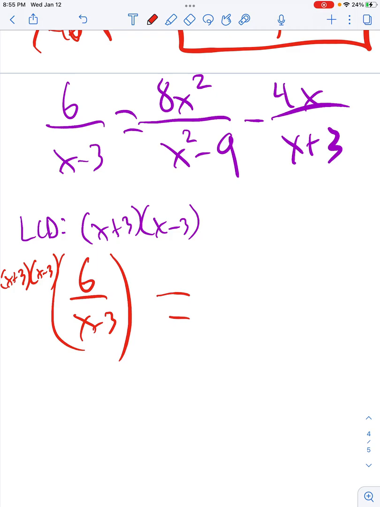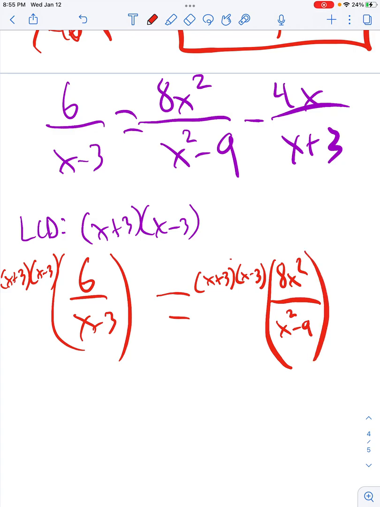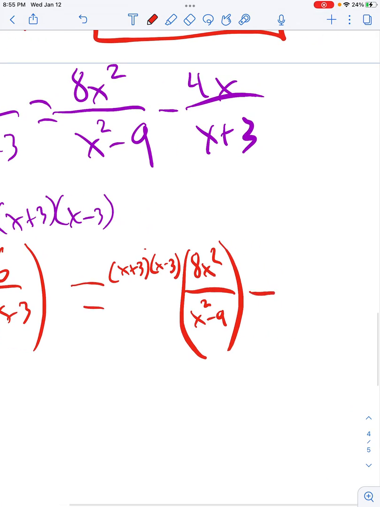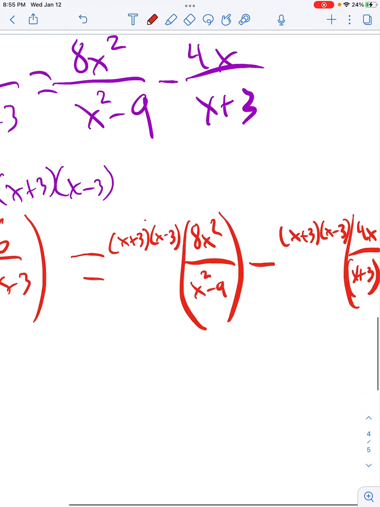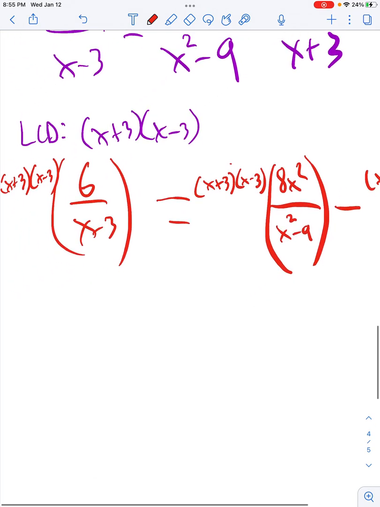And that's going to equal, and again, I have to do this to both terms, so it's going to be x plus 3, x minus 3, and then this first term, 8x squared over x squared minus 9. And then that's going to subtract, and I'm going to have x plus 3, x minus 3, and then 4x over x plus 3 on the bottom.